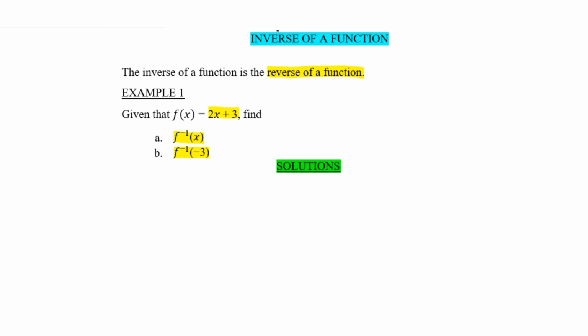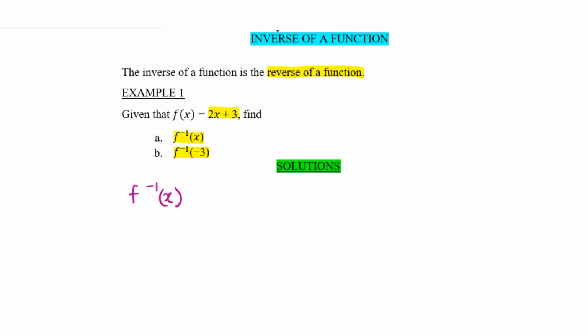So you should take note that the inverse of a function is written in this form, f inverse x, or we can read it as f inverse x. So f inverse x of this function, the function is just 2x plus 3. We want to reverse the way it was.